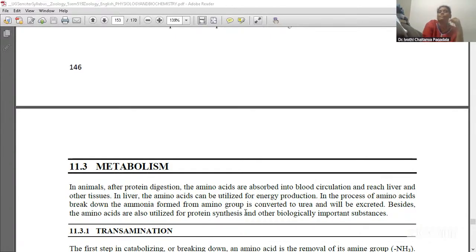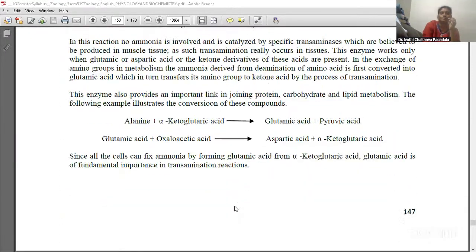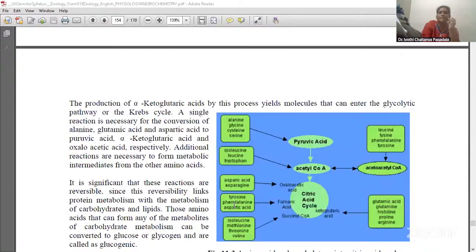This amino group is converted to urea that will be excreted through the excretory system. On the other hand, the amino acids are also utilized for protein synthesis and other biologically important substances. So here we have the topic called transamination.